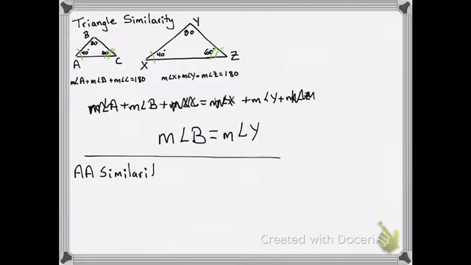This is only for triangles. And it says, if two angles, I'm going to shorthand it, of one triangle are congruent, meaning they're exactly the same, I'll just use the shorthand symbol for congruent, to two angles of another triangle.